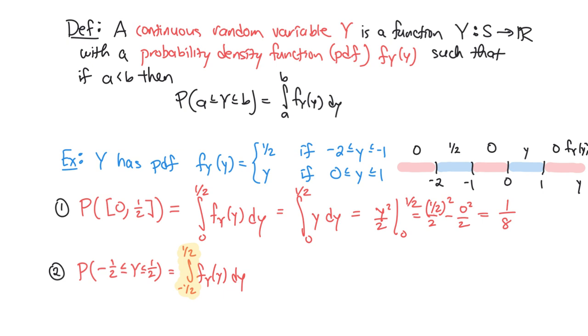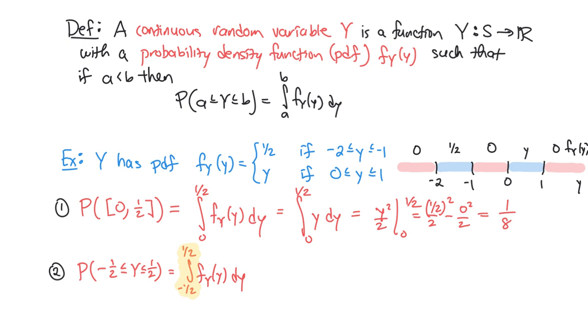So I'm integrating from -1/2 to 1/2 of the PDF. However, the setting is a bit trickier now, because this interval from -1/2 to 1/2 includes multiple components of that PDF. Consider the color-coded diagram here.